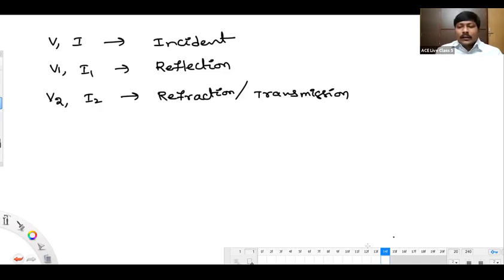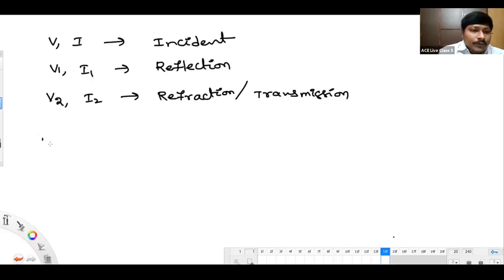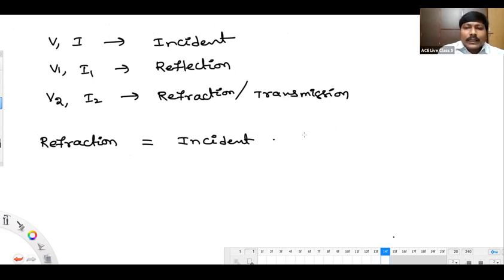So from this explanation, you should write refraction V2 equals incident plus reflection. In a similar way for the current also, the refracted quantity is equal to the incident quantity plus the reflected quantity.